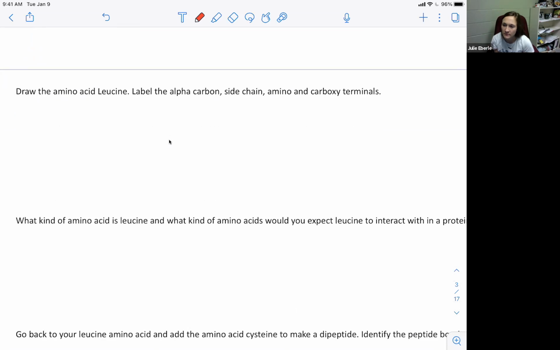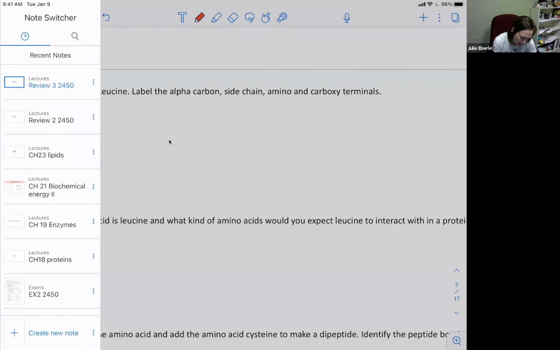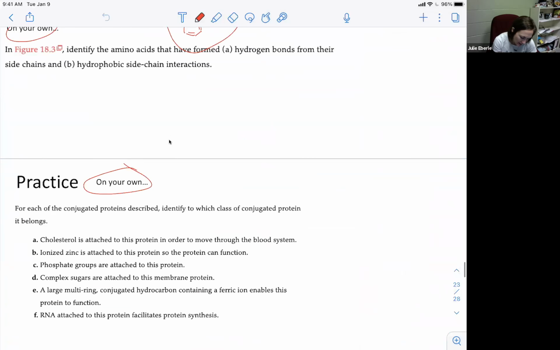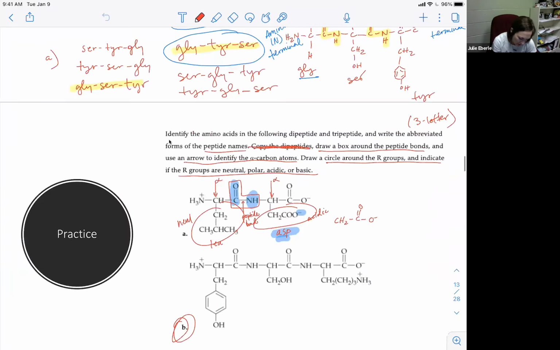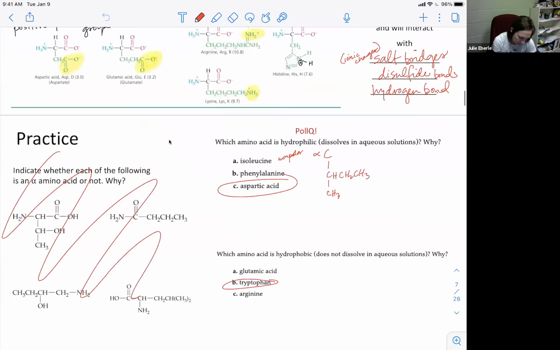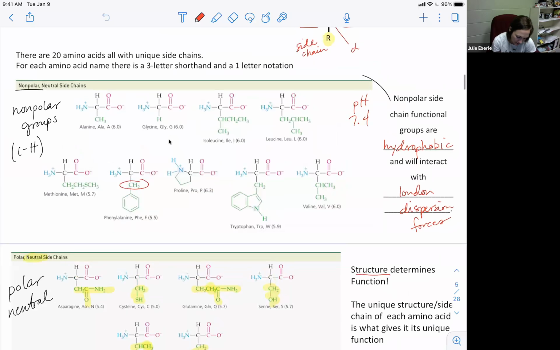Leucine. So if you are not sure, remember, I'm going to remind you, you have this table of amino acids in our lecture, and you just go back and boom, there's leucine.